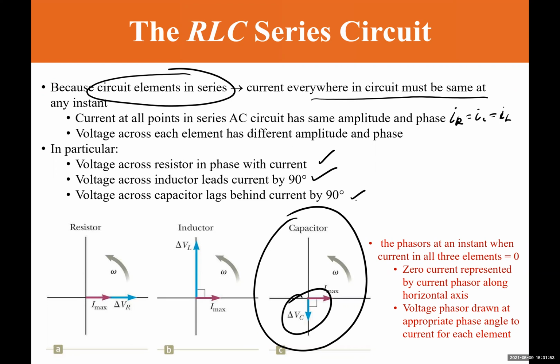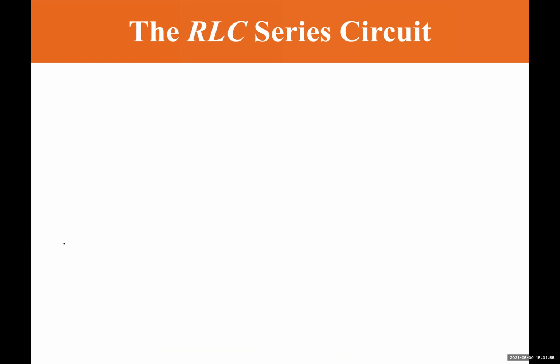Now we have three voltage values. Delta VR, the voltage across the resistor, is equal to Imax times R. If I write this in terms of delta Vmax, then sine omega t, it is the same as Imax times R, the maximum voltage, then sine omega t.